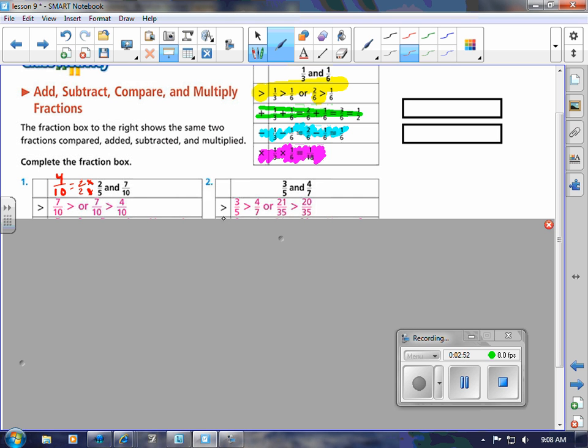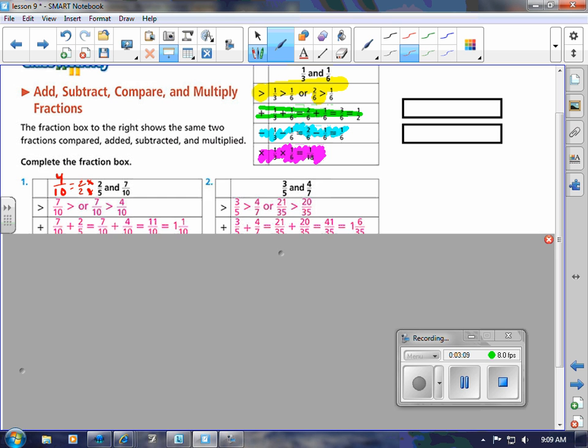When we add, I need this common denominator, so now I'm going to take 4/10 plus 7/10. Right, guys? 4 plus 7. You don't add the denominators. Much like over here, I'm going to take 21/35 plus 20/35, and you can see how those work out.